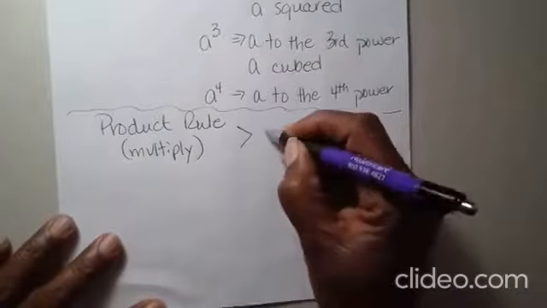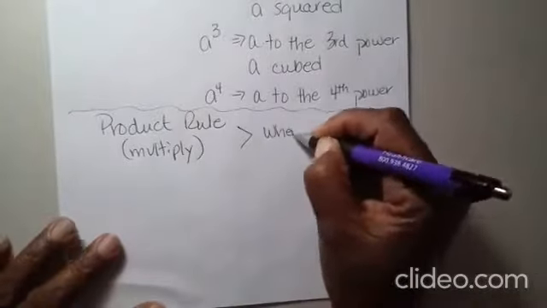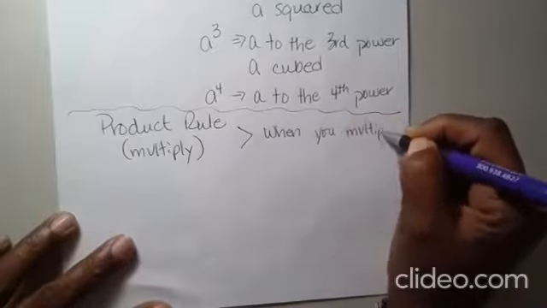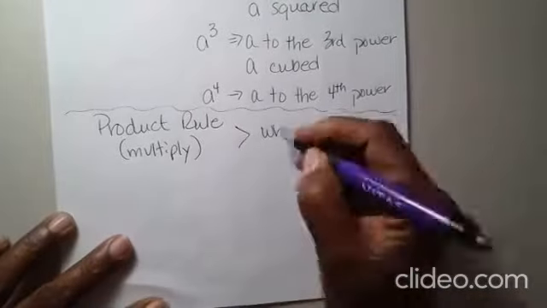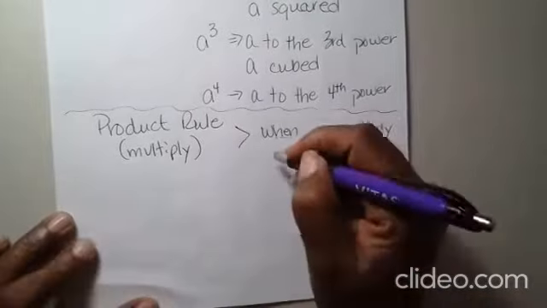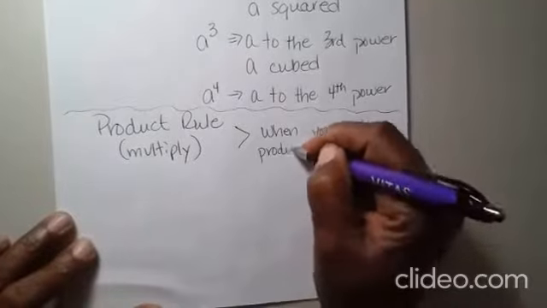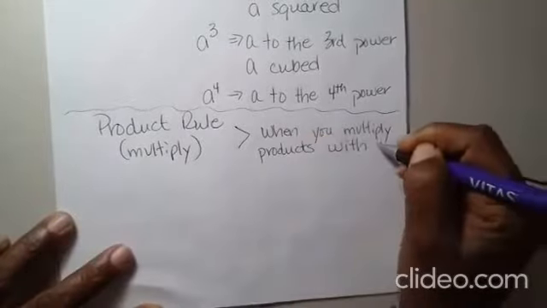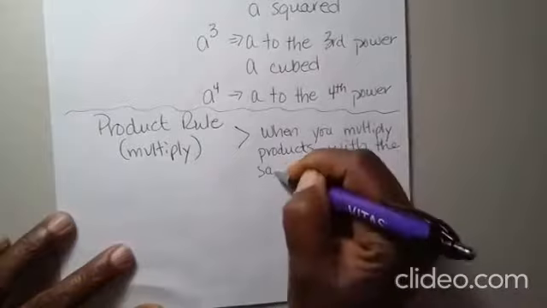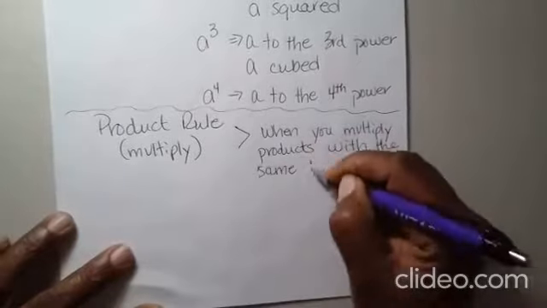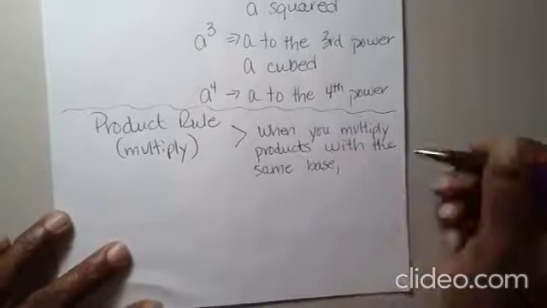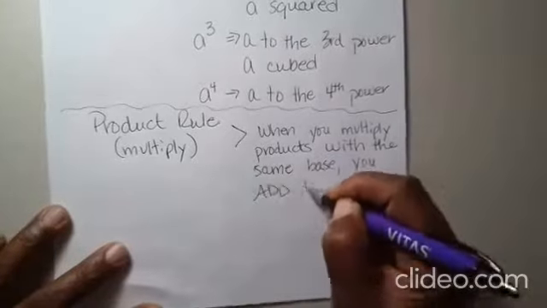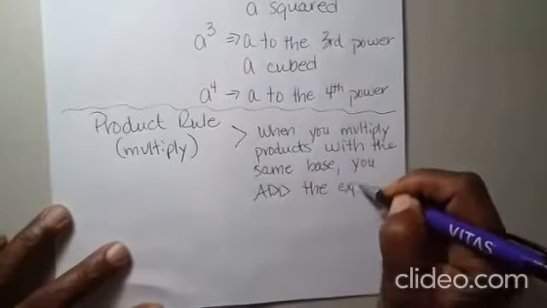Product rule. It says when you multiply, let's say, products with the same base, you add the exponents.